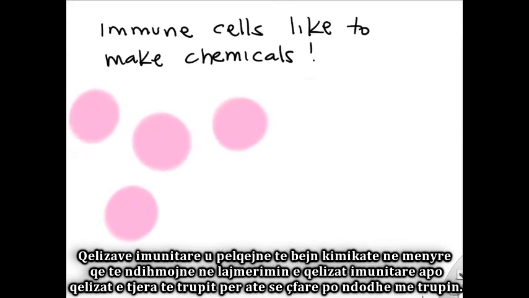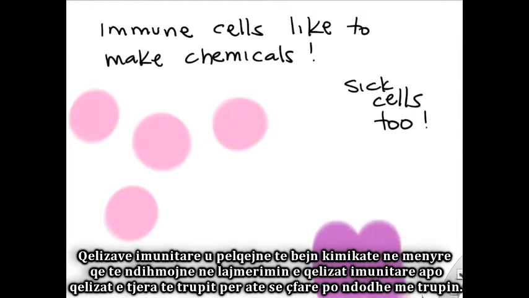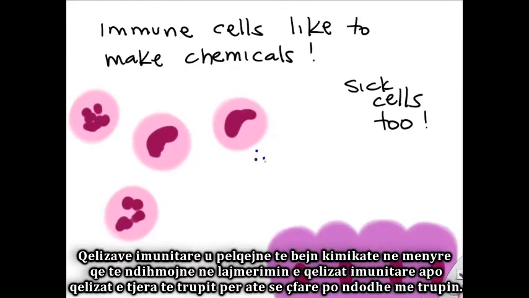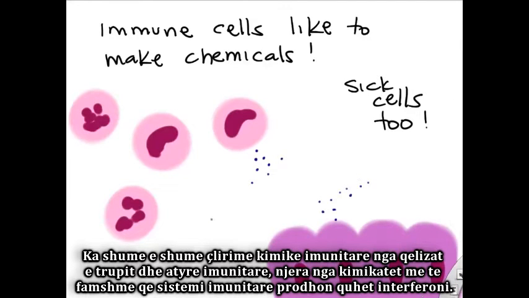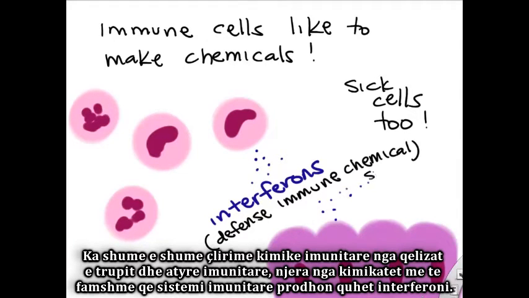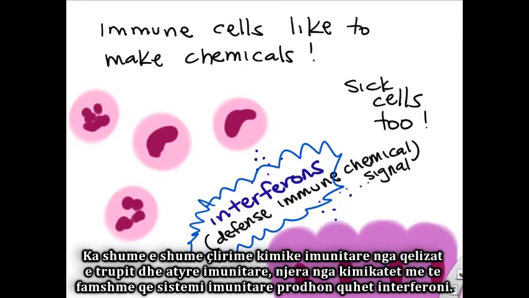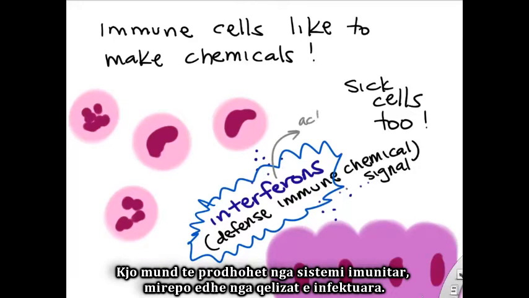Immune cells like to make chemicals to help alert other immune cells or other body cells to what's going on. So there are lots and lots of immune chemicals released by our body cells and our immune cells. One of the more famous chemicals that our immune system makes is called interferon, or interferons. These can be made by your immune cells, but also your infected body cells.